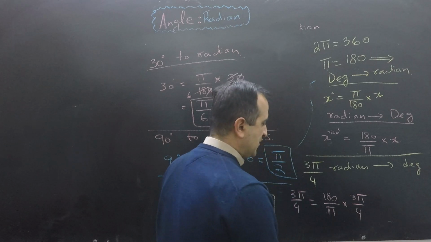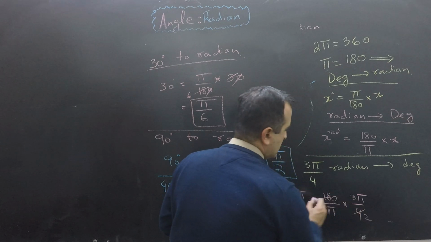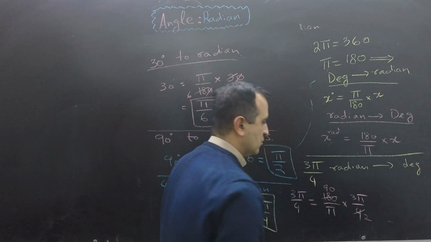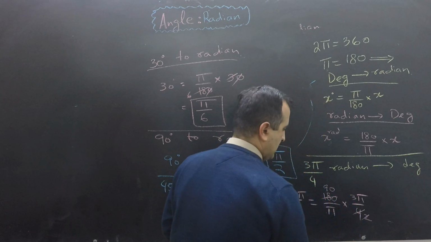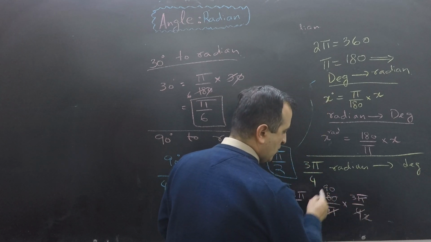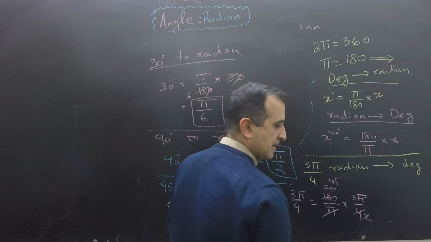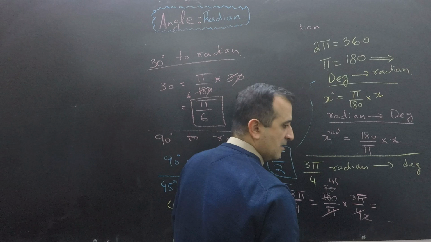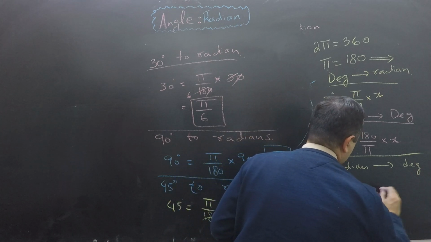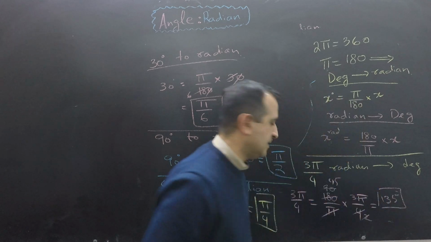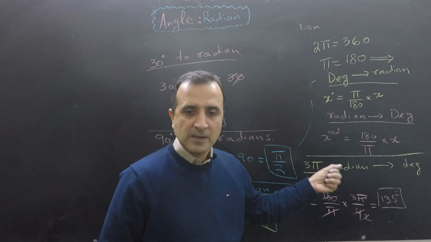We simplify: pi goes with pi, and 180 divided by 4 is 45. So it's 45 times 3, which is 135 degrees.